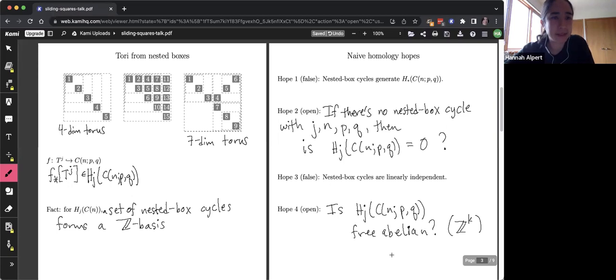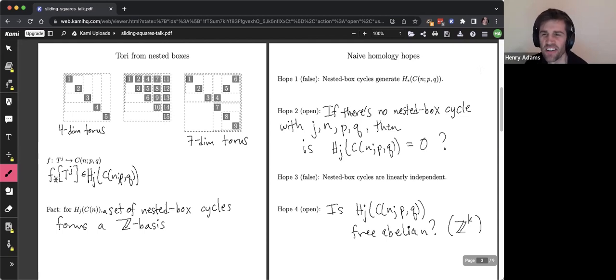It seems like it is. For squares in a rectangle that's long enough, if you just have an infinitely long rectangle or one side length is n, then we do know that the homology is free abelian. But for a rectangle that is smaller than n in both directions, we don't know, but it kind of seems true.